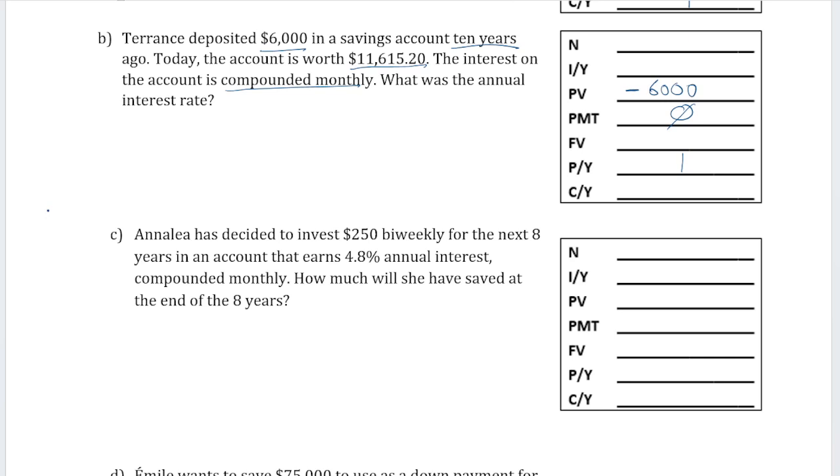Today, if they took the money out, it would be worth $11,615.20. And you'll know I didn't write a comma. Sometimes that can mess up some of the calculators. Okay, it's compounded monthly, so that's 12 times per year over a 10-year period, and we're solving for the annual interest rate.